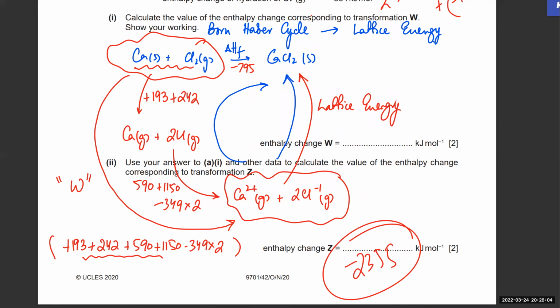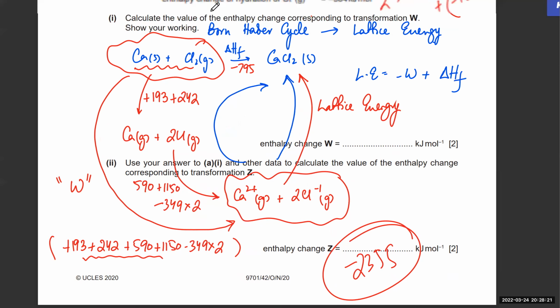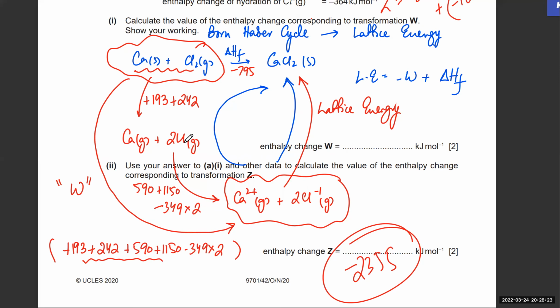So lattice energy is equivalent to minus W, plus, I think, delta HF. Is this clear? Lattice energy is equal to minus W plus delta HF. You clear? Yes, sir. Okay, because we did draw this earlier.